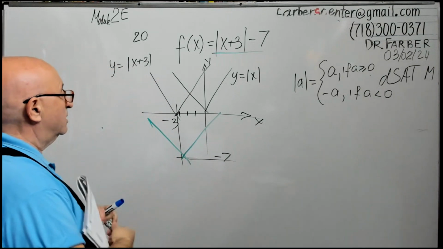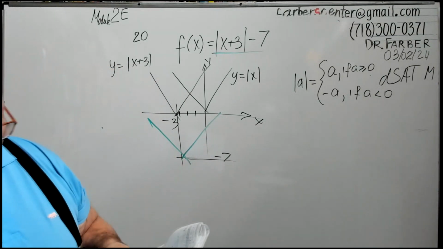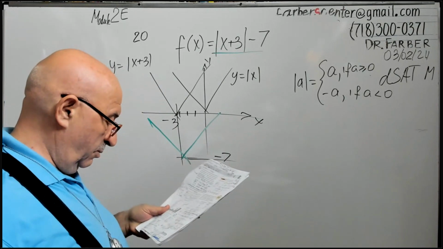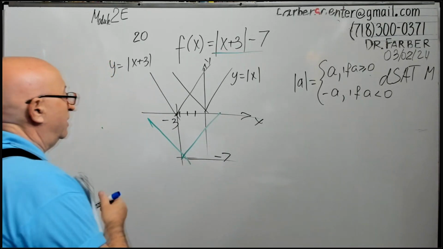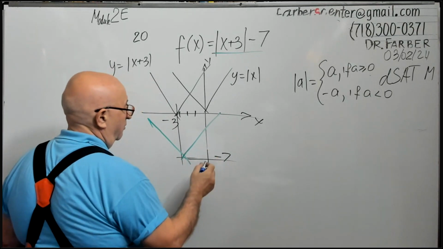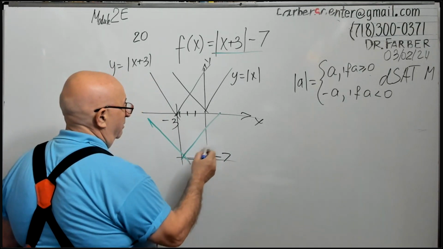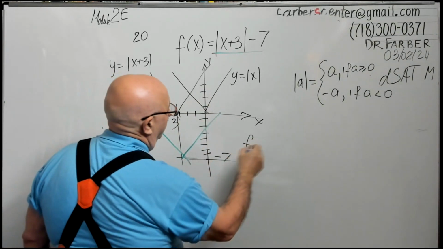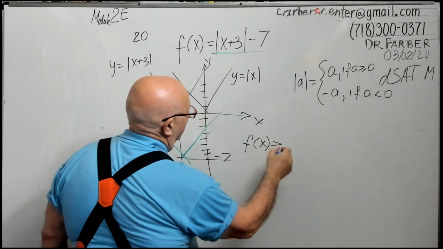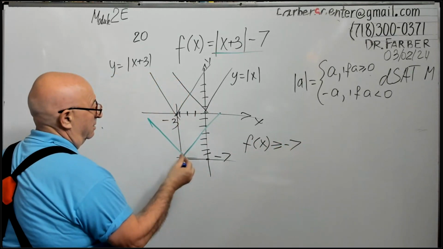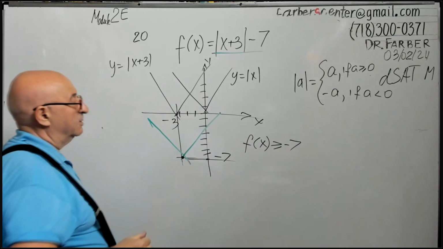And the question is, which of the following must be true? Well, if you look at this range, the function starts from negative 7 and goes up. You can write that f of x is greater than or equal to negative 7 and cannot be less because this is the vertex of the graph.